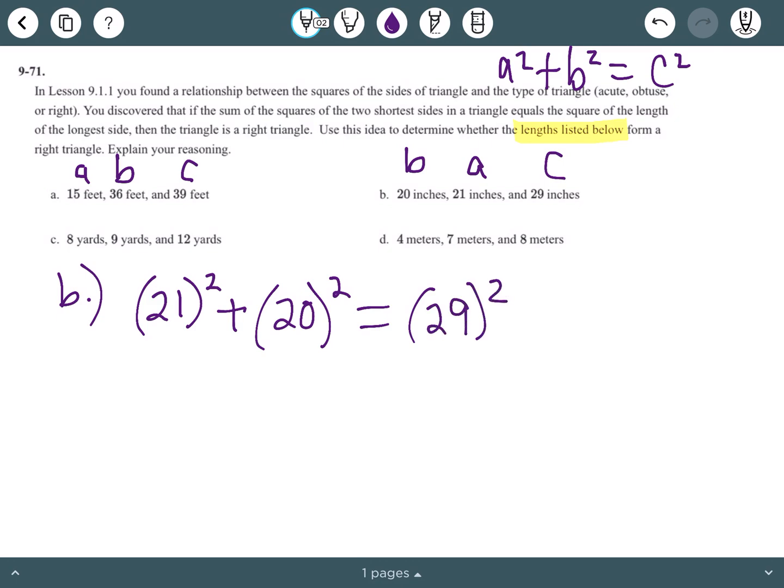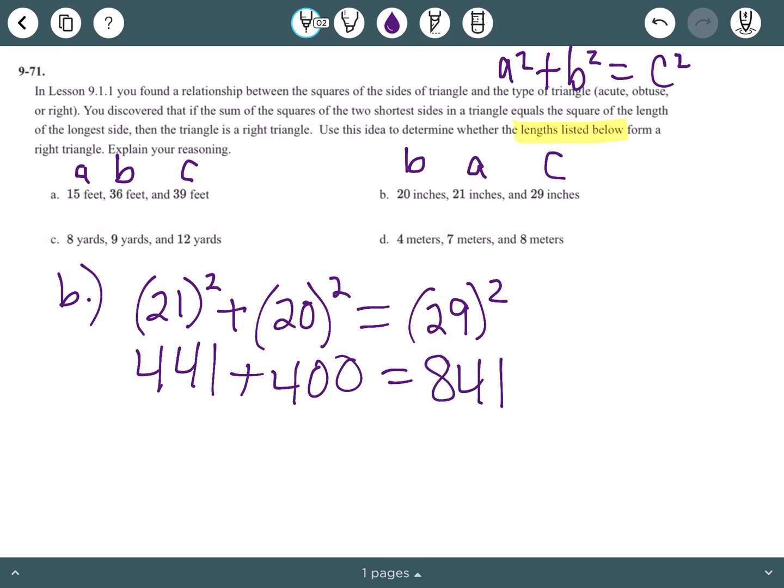29 squared. All right, so this is where you need to put things into your calculator. 20 squared is 20 times 20, which is 400. 21 squared is 21 times 21, which gives us 441. And 29 squared is going to give us 841. Now we have all of our areas.